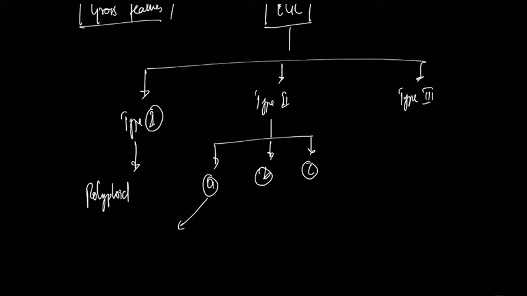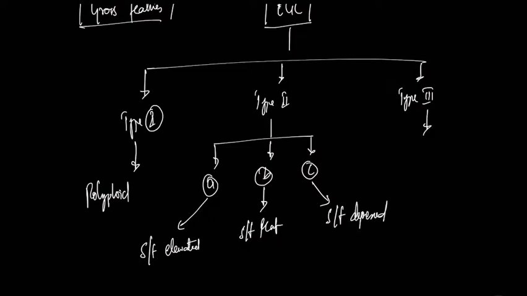Type 2A is your superficial elevated, type 2B is your superficial flat, and your type 2C is your superficial depressed. And your type 3 is your ulcerated type.